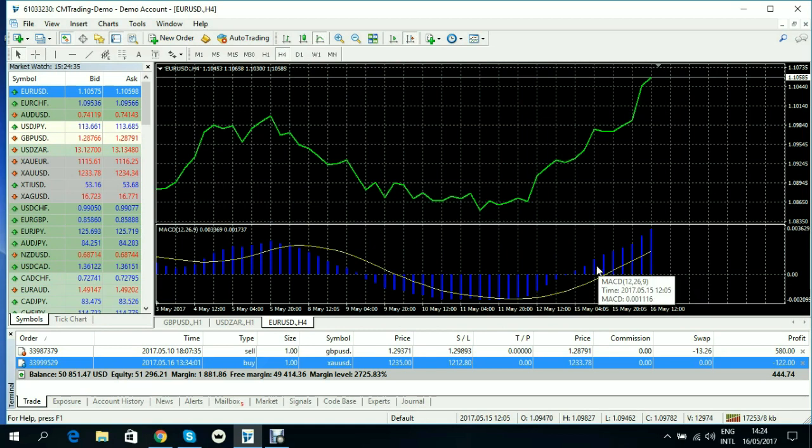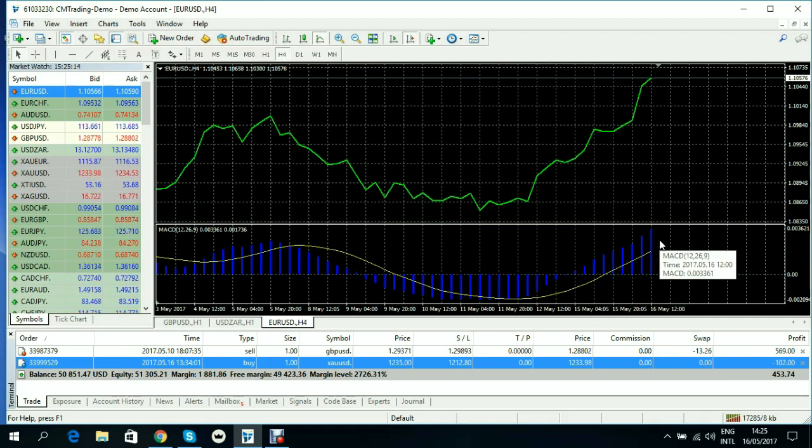The more the bars continue to increase and stretch up, like this, the second higher than the first, this higher than this, higher than this, the more the price of that currency pair or the instrument in question is likely to rise.